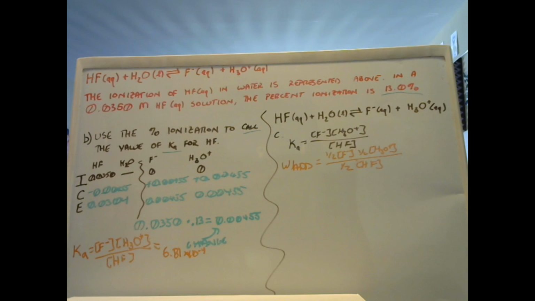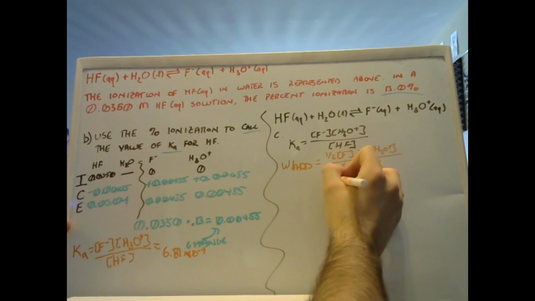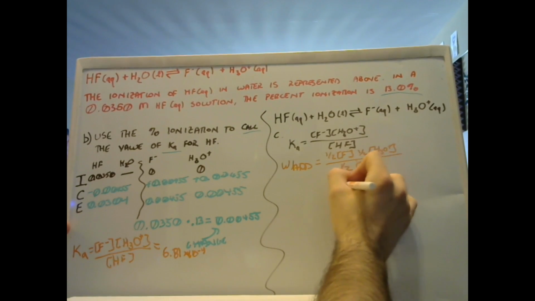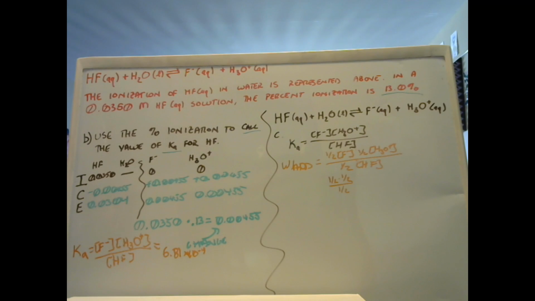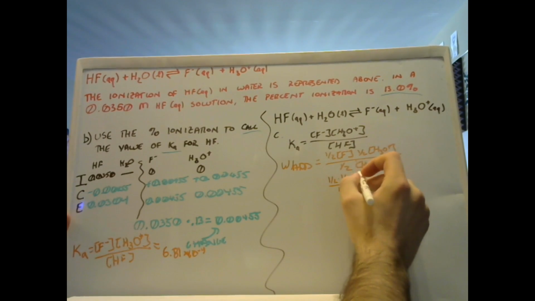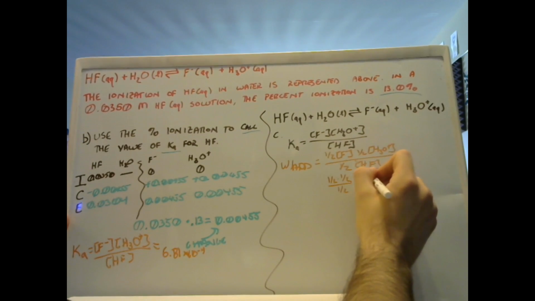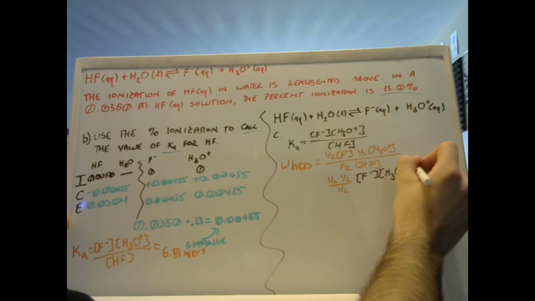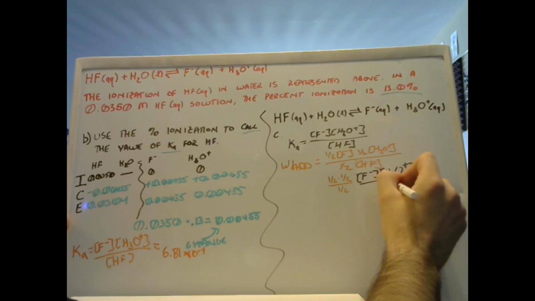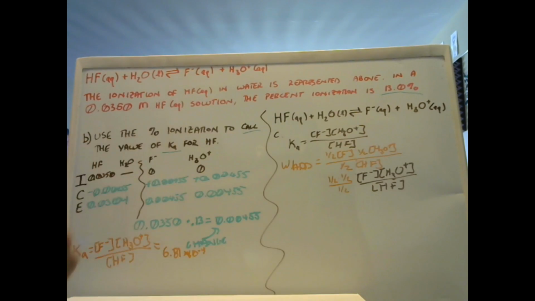Which, if we pull out all the halves to the front, we'll get half times half divided by half, times F minus H3O plus over HF, which is the same as Ka. I'm just going to put this in brown to make my point. Half over half cancels, which leaves us with half.